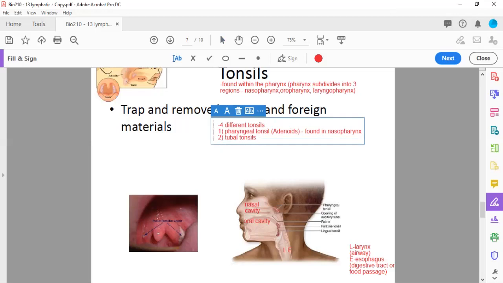These are tonsils found around the opening into the eustachian tube found in the nasal pharynx.